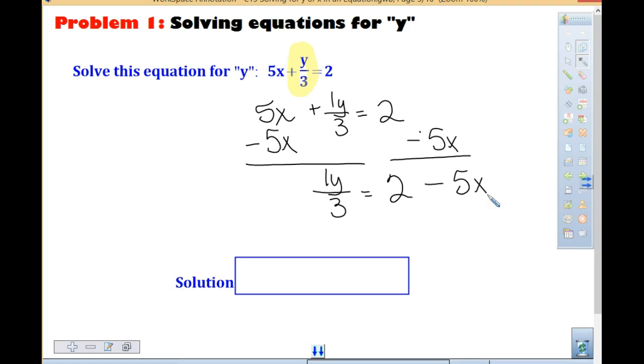Now, one thing that we're often going to do is rewrite it and put the x term first. So if I have this same answer, 1y divided by 3, and I want to put the x term first, what does that look like, Bashir, if I want to write the x first instead of the 2? What would I put down? 2 divided by 2. No, I don't want to do anything.